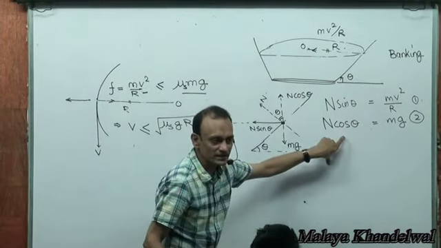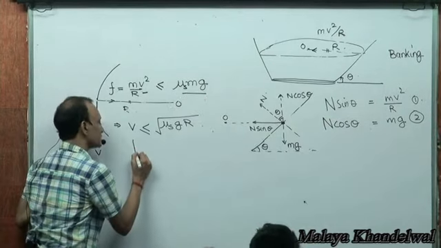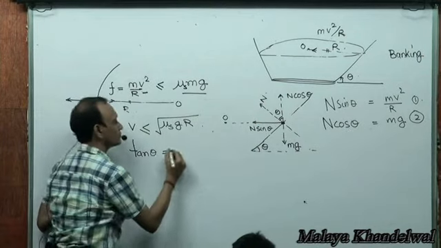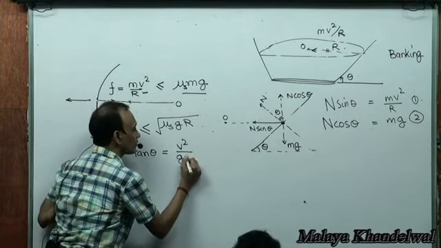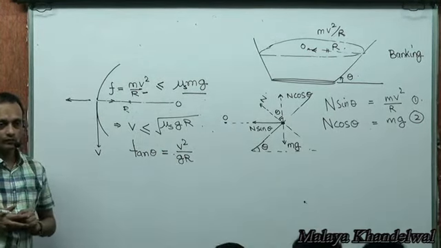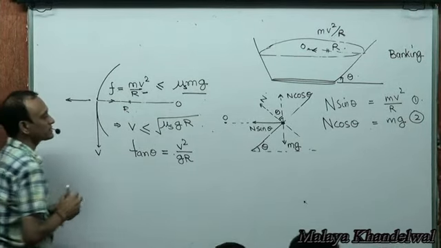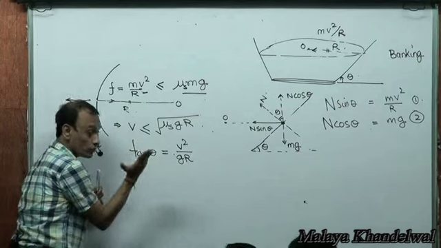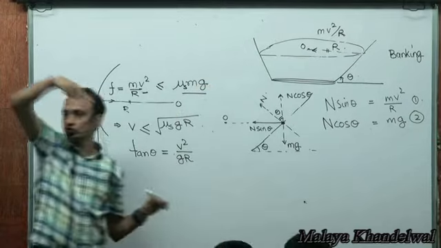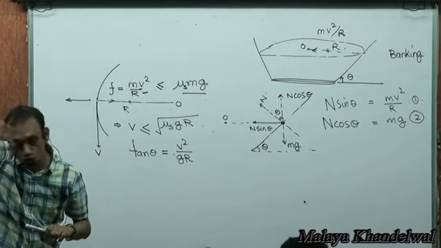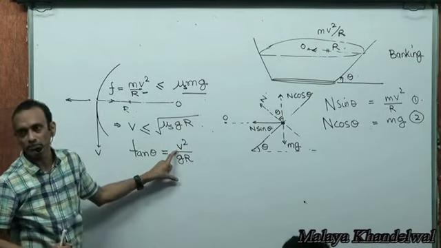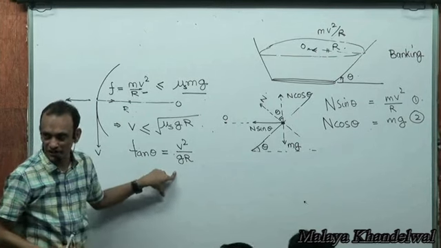So if I divide this by this, I get tan theta equal to V squared by g R. That means theta, which is the prefixed banking of the road, R is the radius that you want to negotiate on that banked road, and V is the velocity with which you would negotiate that radius on the banked road. They are related by this equation.